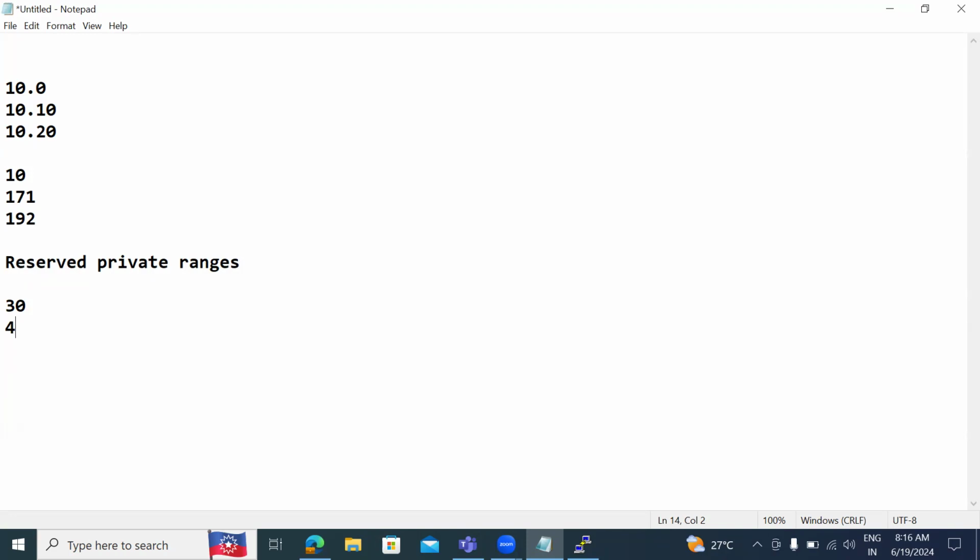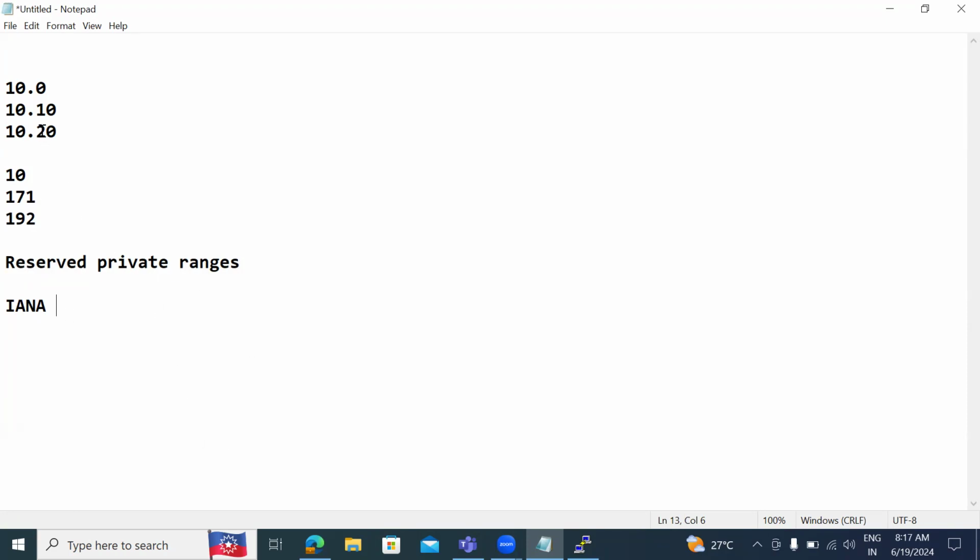That is why there is an organization called IANA. All over the world, IANA is responsible for providing IP addresses, and IANA suggests using these subnets; these private network ranges are reserved.